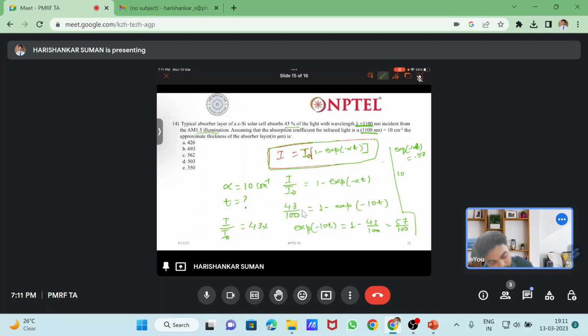Take log, ln 0.57. Now calculate the value of ln 0.57. Minus 20 gives 0.562. So t divided by 10.